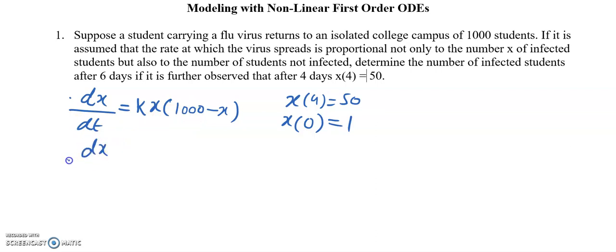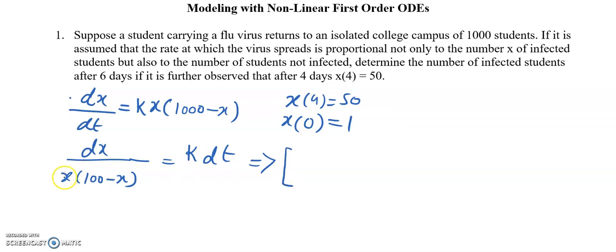So we can write it like this: dx over x times 1000 minus x is equal to k times dt. All x terms are on the left hand side. This term is 1 over x times 1000 minus x.